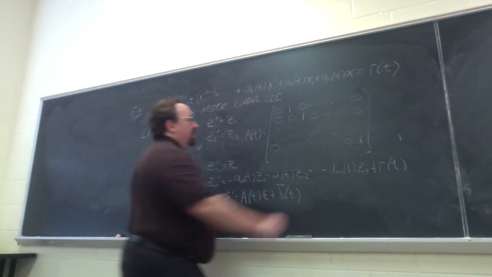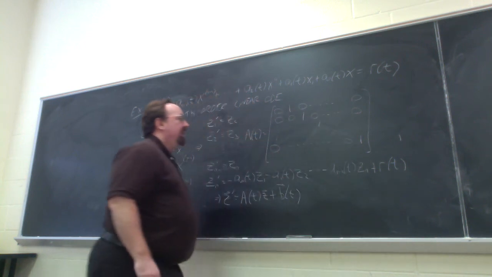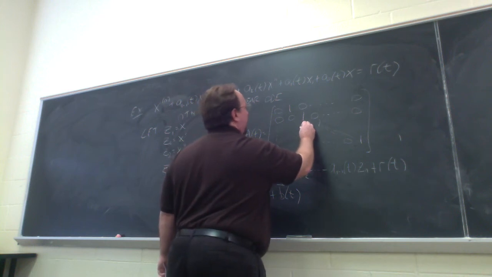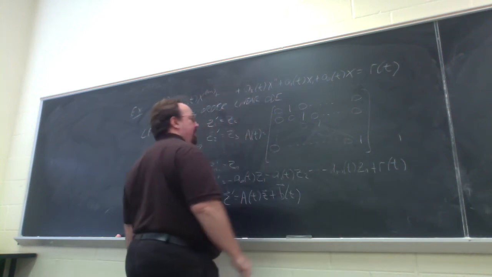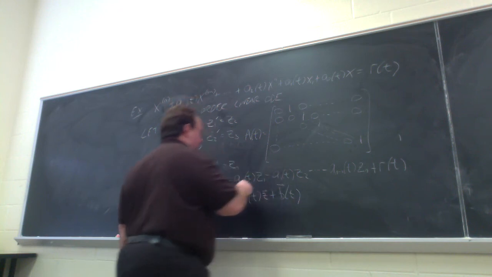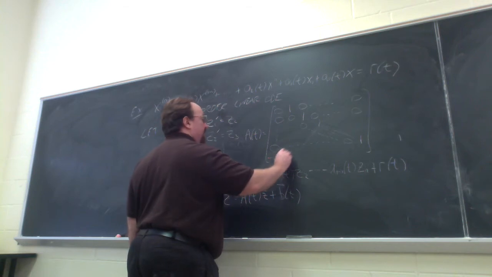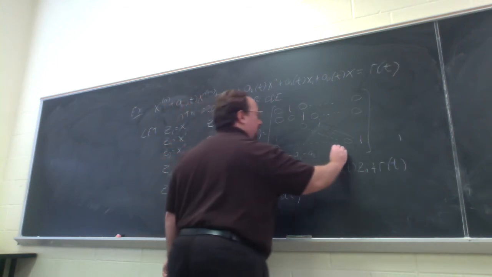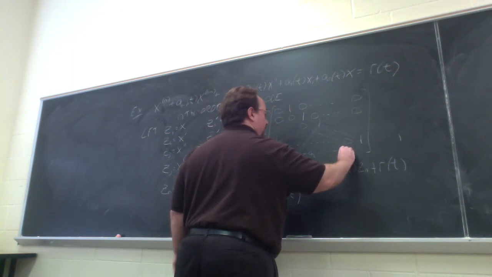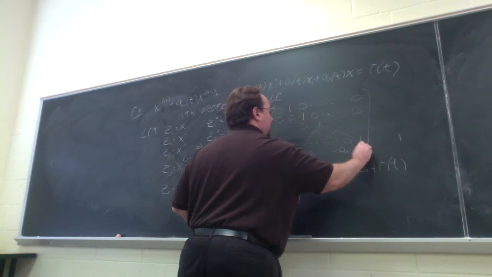So we just have 1s all the way down this diagonal that's above the main diagonal, and then zeros everywhere else, until the last row where we have z1 multiplied by minus a0. Then we have minus a1, and so on, down to minus a n minus 2, minus a n minus 1.